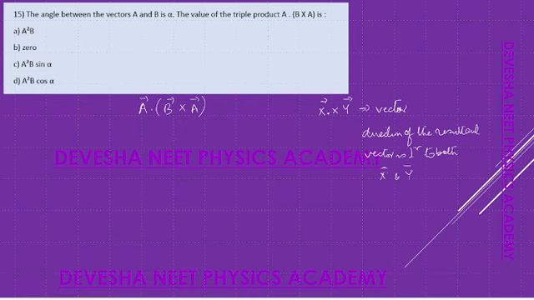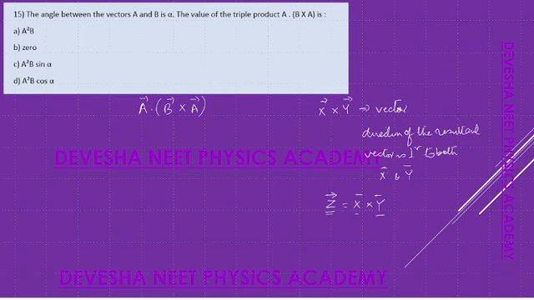So imagine that the resultant vector is z, which is equal to x vector cross y vector. The z vector will be perpendicular to both x and y. This we discussed earlier.